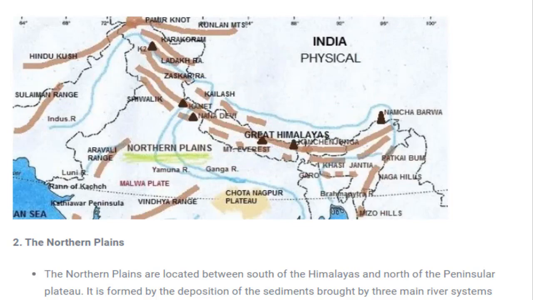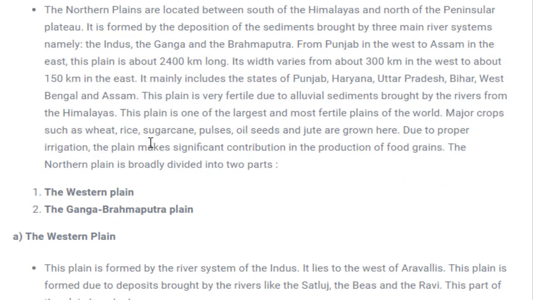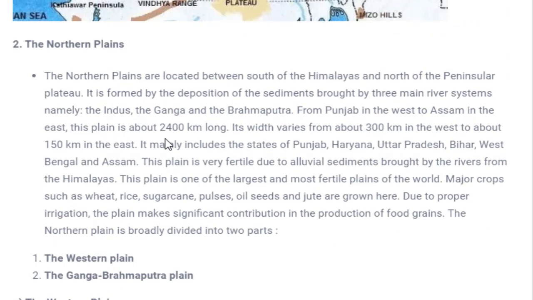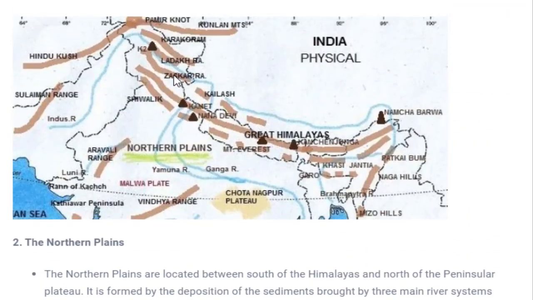So what are other things that we need to study over here? Let's see. If we talk about the range, just a minute, let's go back to the map over here. In the map we can see this northern plain. The extension of this northern plain starts from Punjab and extends up to Assam.